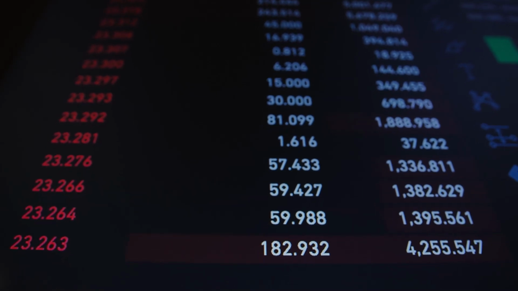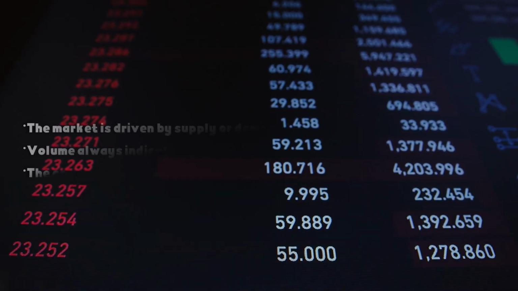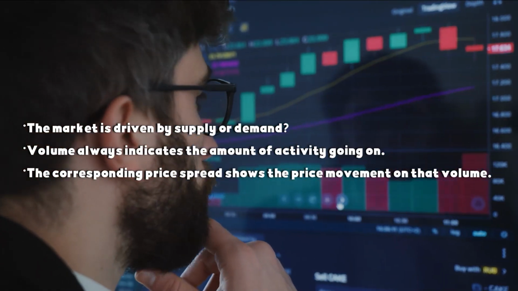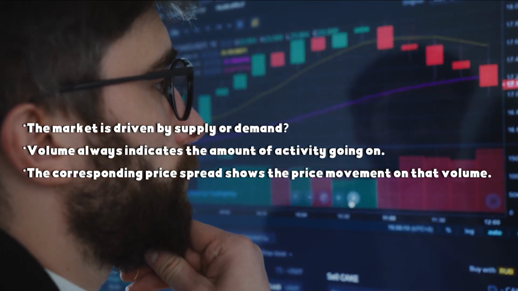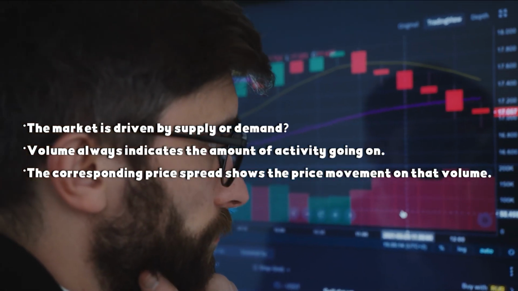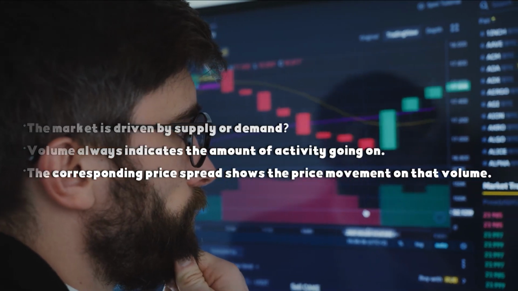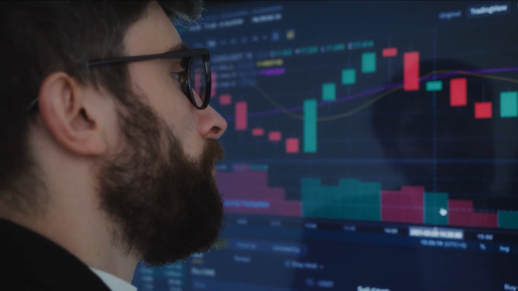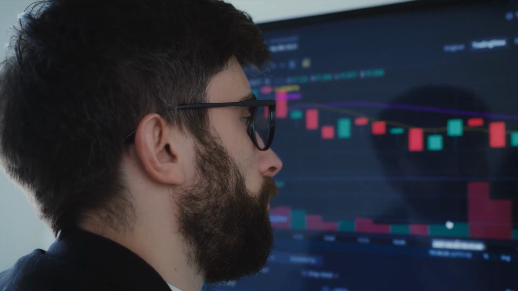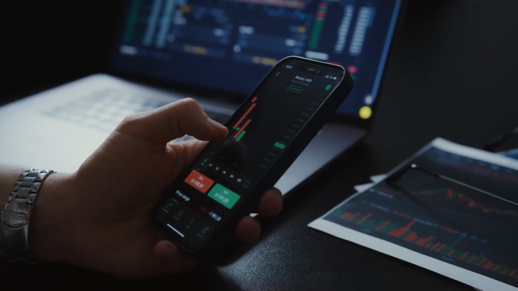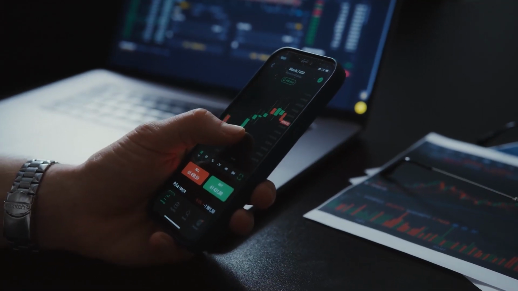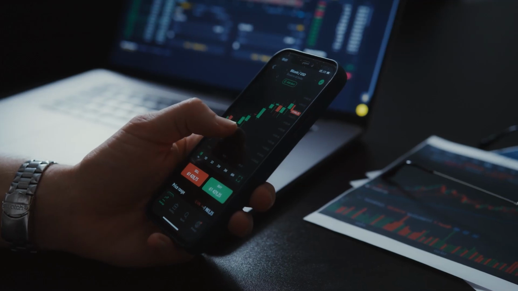This indicator is used to identify supply and demand changes, or to know whether the market is driven by supply or demand. Volume always indicates the amount of activity going on, and the corresponding price spread shows the price movement on that volume. Some technical indicators attempt to combine volume and price movement together, but this approach has its limitations. At times, the market will go up on high volume, but it can do exactly the same thing on low volume.